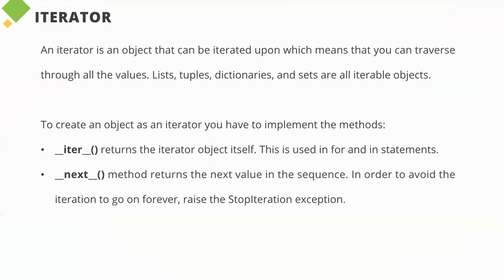So what is an iterator? An iterator is an object that can be iterated upon. It just generates a sequence. Like a list, tuple, dictionary, and set, all are called iterables. Iterable means they have a next value. As you see in OOP concepts, you see about iter and next.